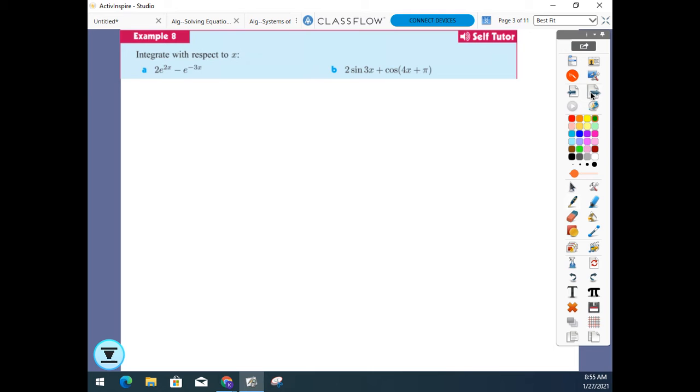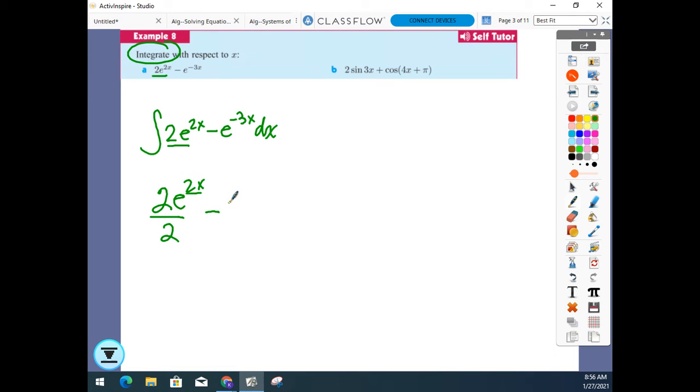All right. So let's just take it one step at a time. They're using the verb integrate instead of the symbol. I like the symbol the best, so I'm going to rewrite it using my integral symbol. All right. So we start with e is just e, so I'm going to bring down 2e to the 2x. Because the derivative of the exponent is 2, I'm going to divide that out.